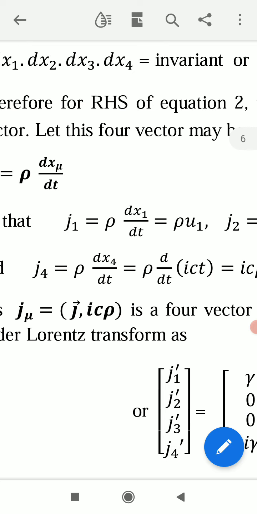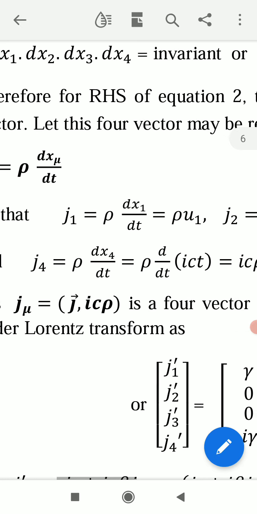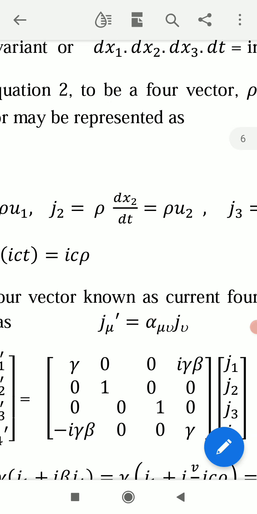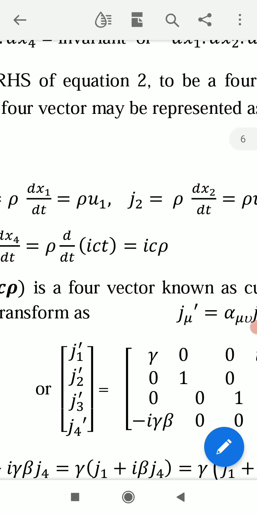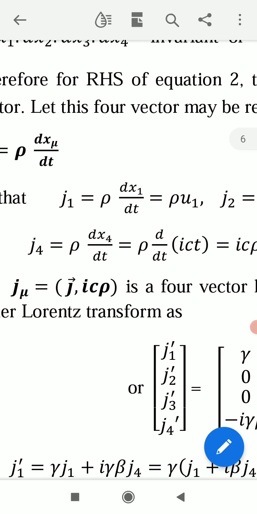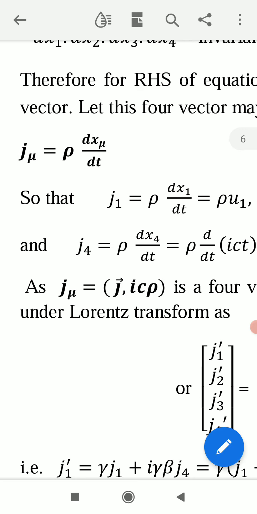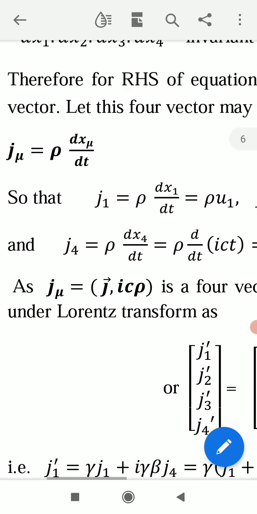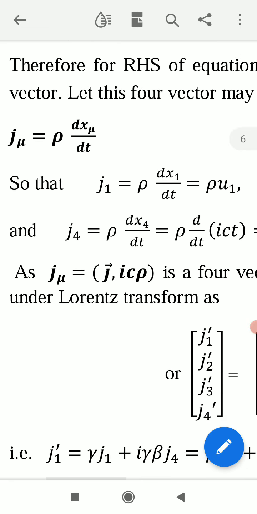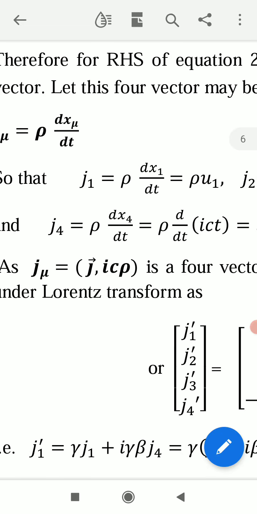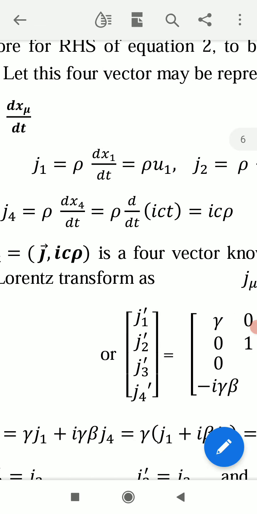Dx upon dt is u1, the x component of velocity. So J1 is rho u1, similarly J2 is rho u2 and J3 is equal to rho u3. And the fourth component J4 is rho dx4 upon dt and x4 is ict, so it is i c rho.